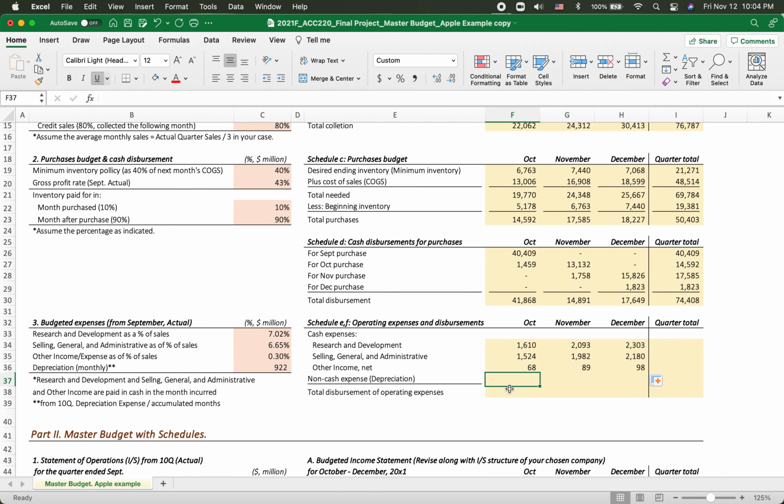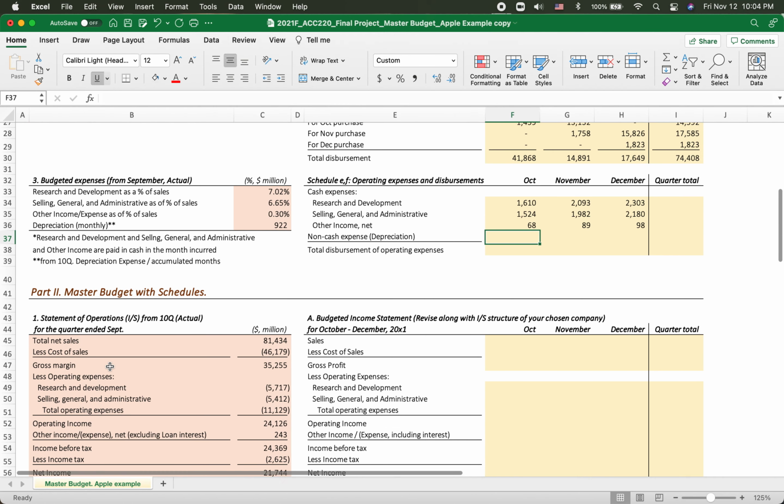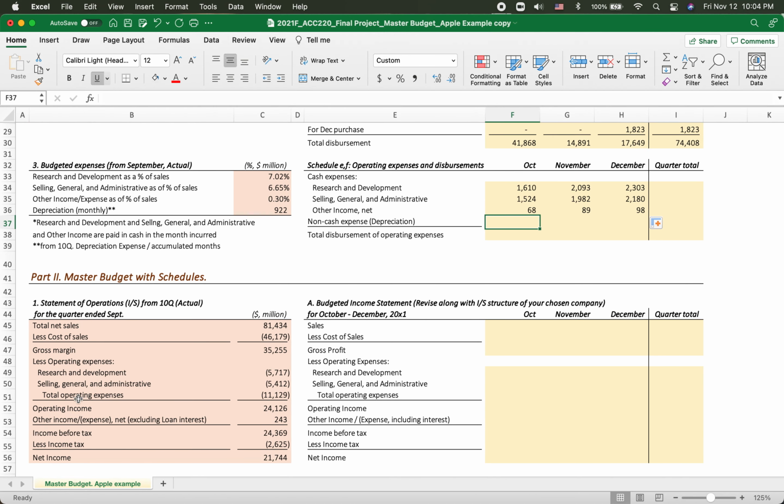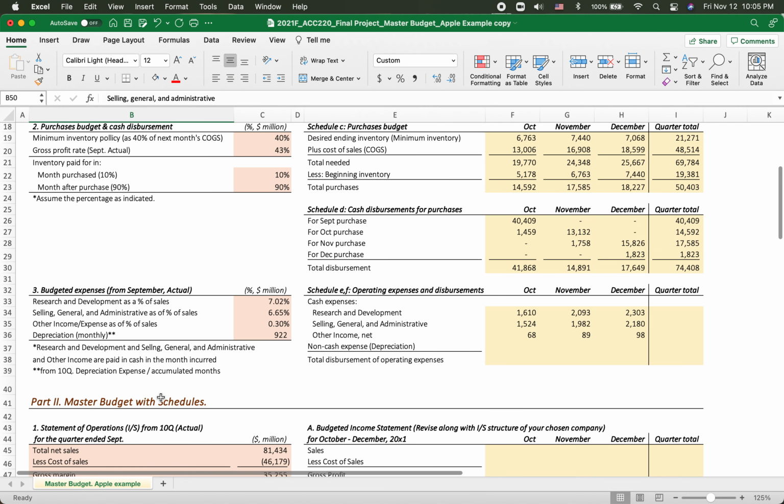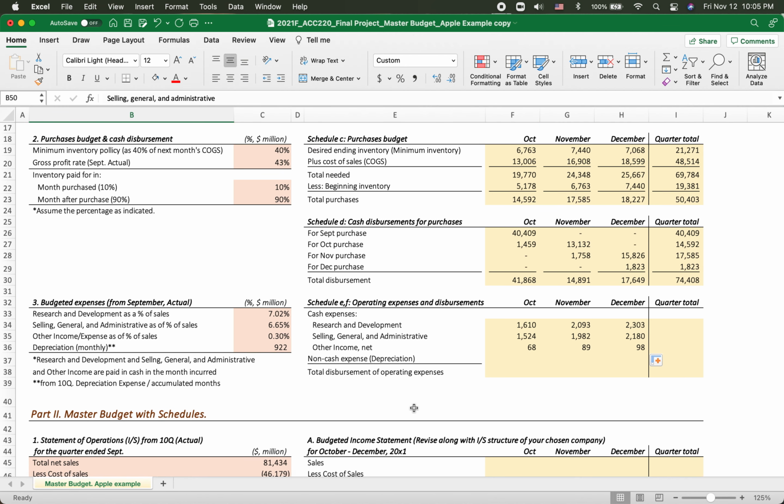Okay, then we need to be careful with these non-cash expenses. Depreciation expense is not shown on the income statement as a separate account. There's no separate depreciation account because it is included in the research and development and selling, general and administrative expense. That's why we have to extract this depreciation from the 10K information, right?